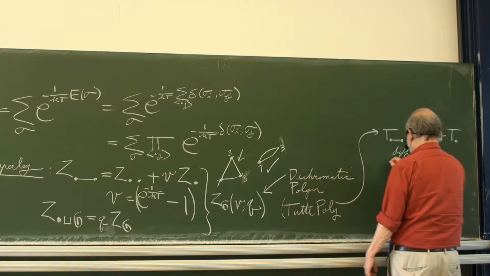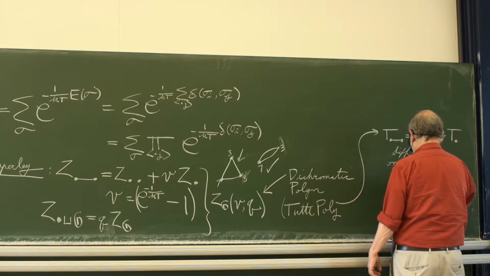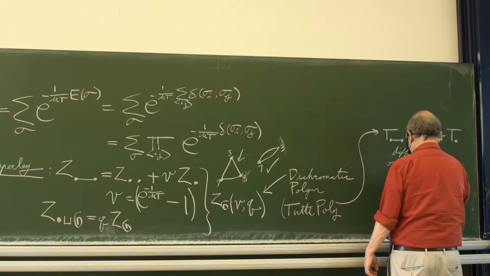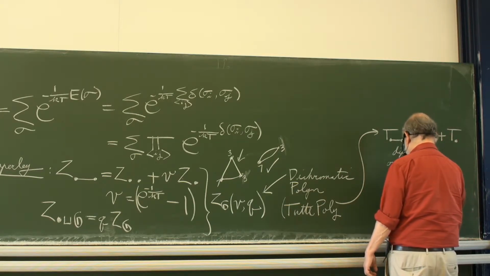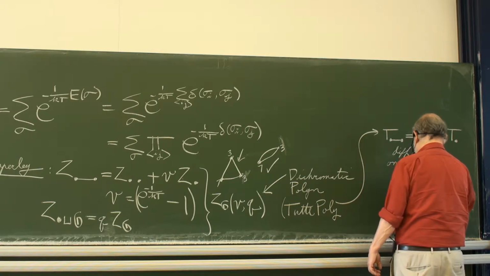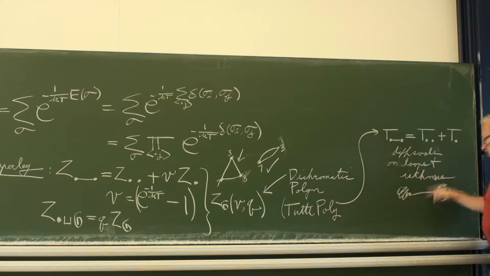evaluations on loops and isthmus, where in a graph an edge is an isthmus if when you remove it, it disconnects the graph. And of course a loop is a loop.